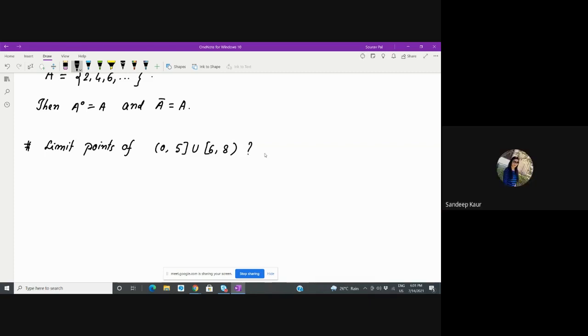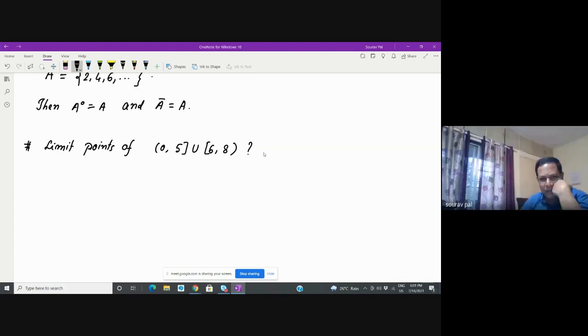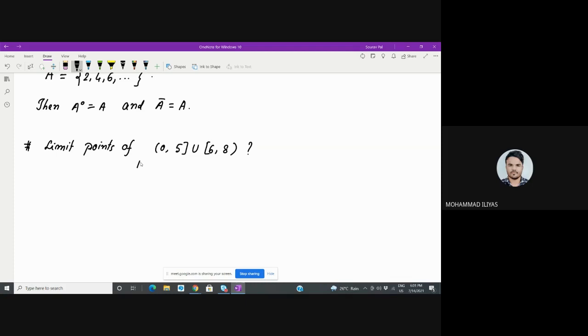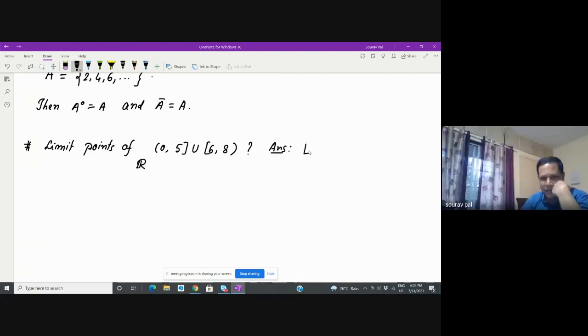Sir, in which topology? Euclidean topology, definitely. Oh, okay. Sir, it will be closed interval 0, 5 union closed interval 6 to 8. Yes. So you know what the limit points are. This is closed interval 0, 5 union. Okay.